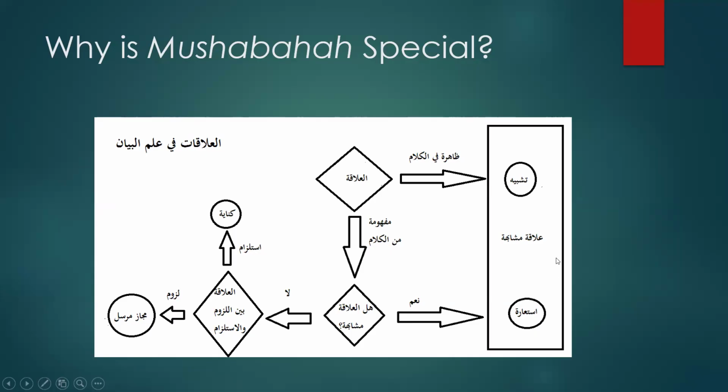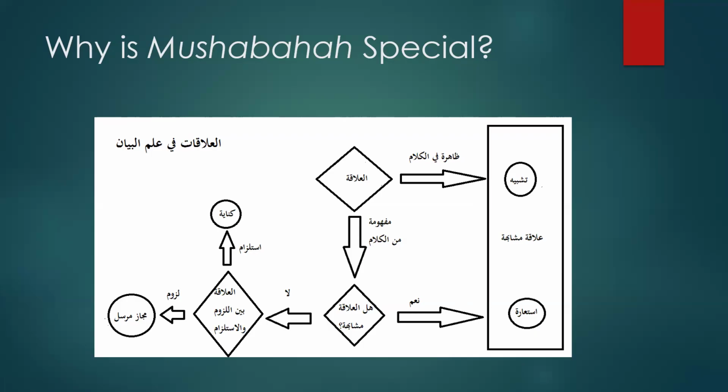If so, then it's isti'ara, and both of these are in the alaqa of mushabaha. Is the relationship between the uttered words and the intended meaning mushabaha? No. Then you have to ask yourself, is the relationship one of luzum, or is it istilzam?